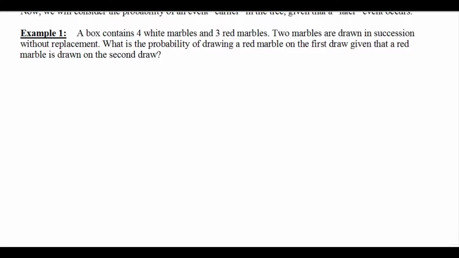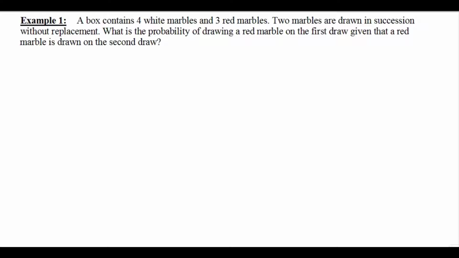So we've got a box with 4 white marbles and 3 red ones. We're going to draw 2 in succession without replacement. So let's draw a picture of our box. 4 white marbles, which we'll indicate by W's, and 3 reds.